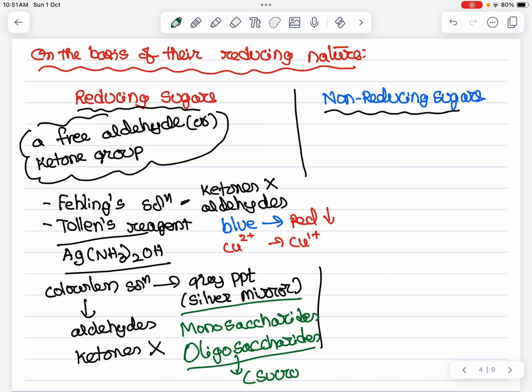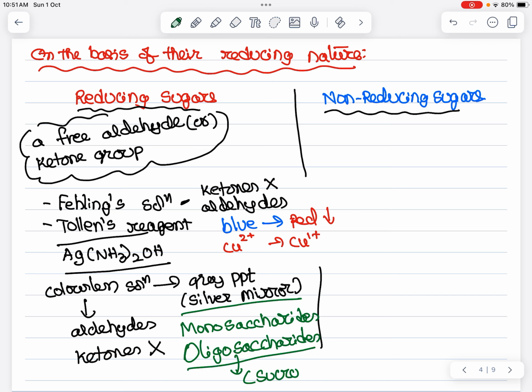Non-reducing sugars do not reduce Tollens reagent and do not reduce Fehling's reagent. They don't contain free aldehyde and ketone groups, and are called non-reducing sugars. The non-reducing sugars cannot reduce Fehling's solution and Tollens solution.